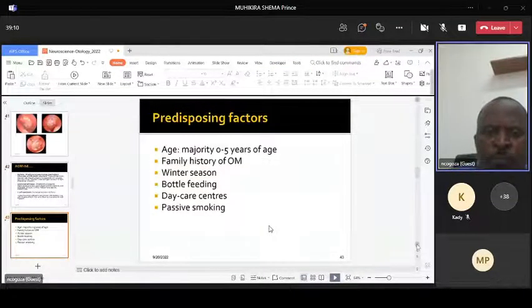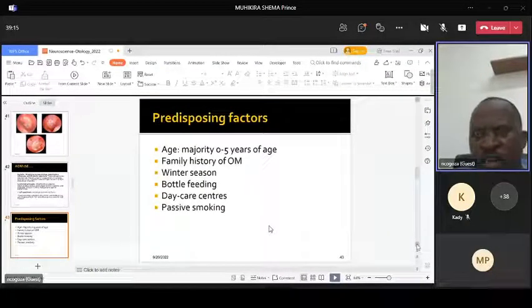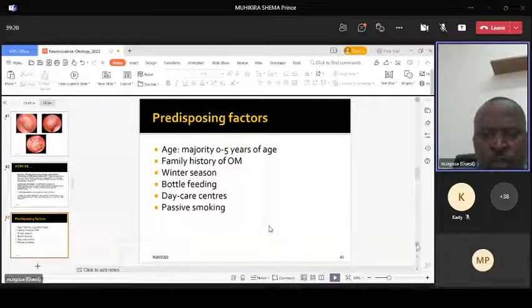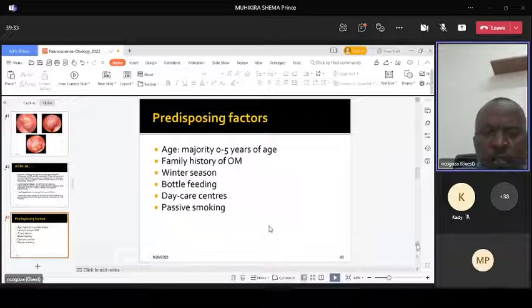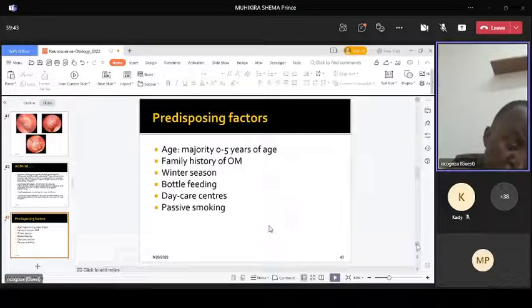Of course, predisposing factors include age. Acute otitis media mostly affects kids less than 5 years. A history of acute otitis media may be a predisposing factor. There are periods like winter, where there is viral infection with the change of weather. Kids who are bottle-fed have more risk of infection, because there is a risk of milk going into the middle ear.